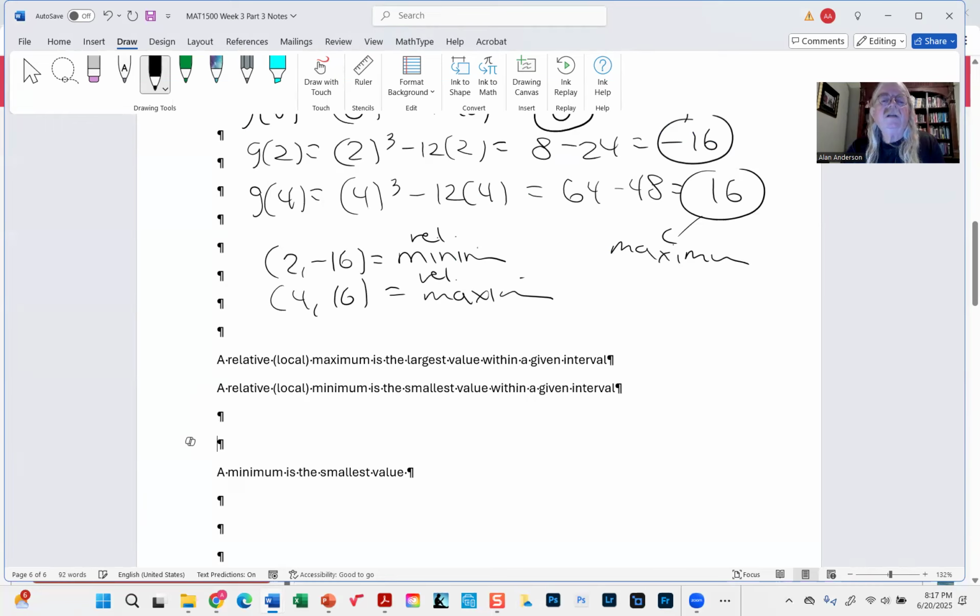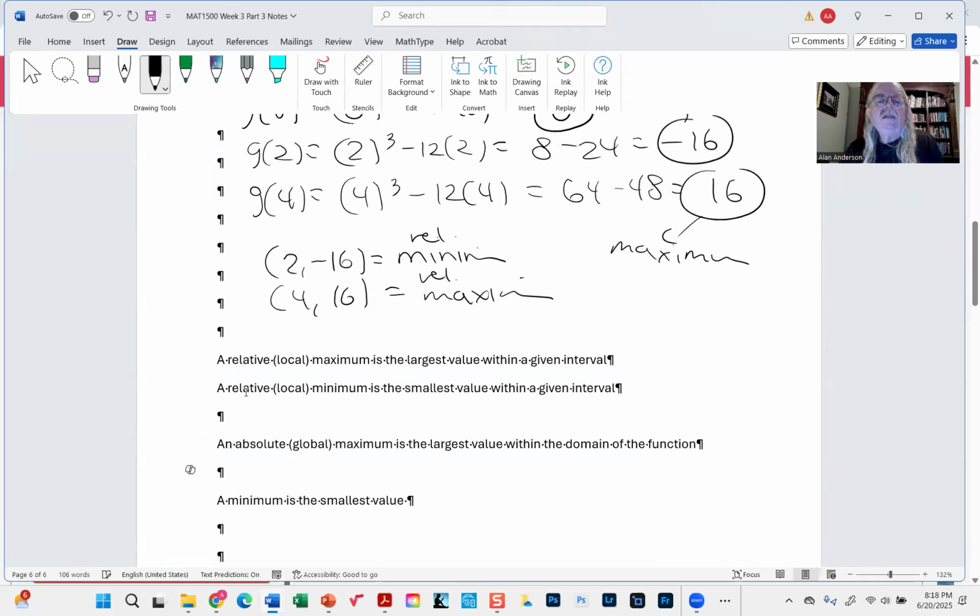But we also have the concept of an absolute or global maximum, which is the largest value within the domain of the function. And an absolute or global minimum is the smallest value within the domain of the function.